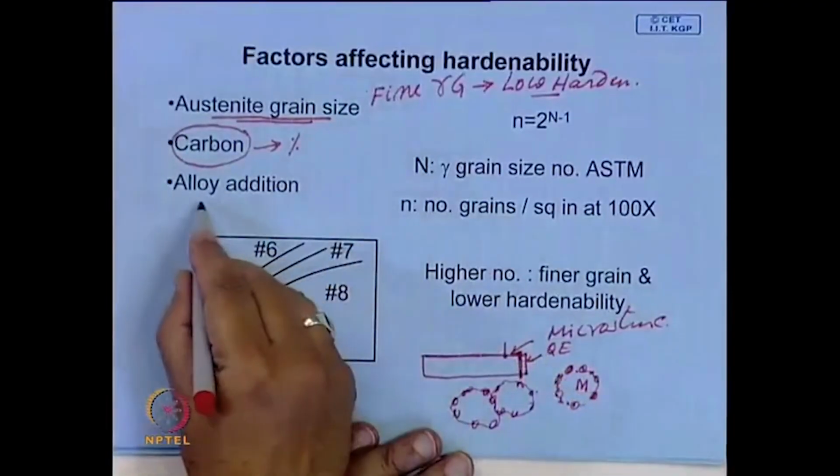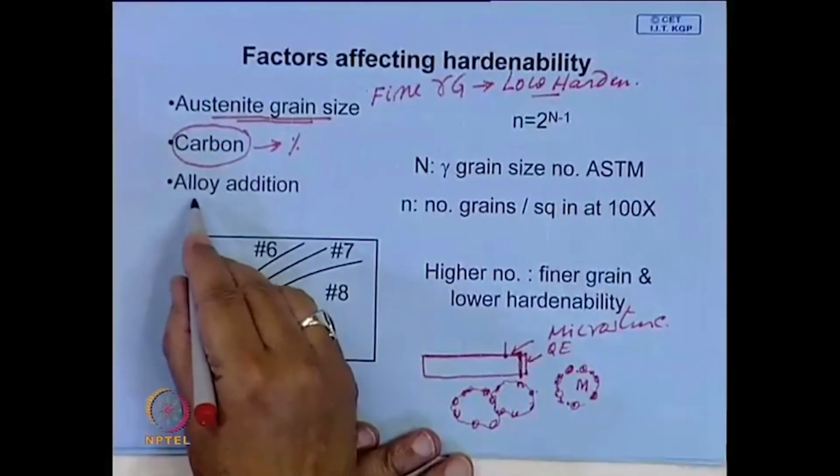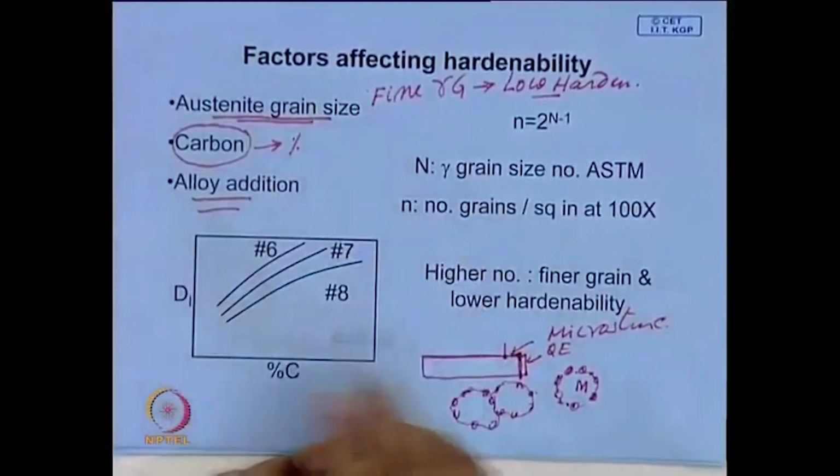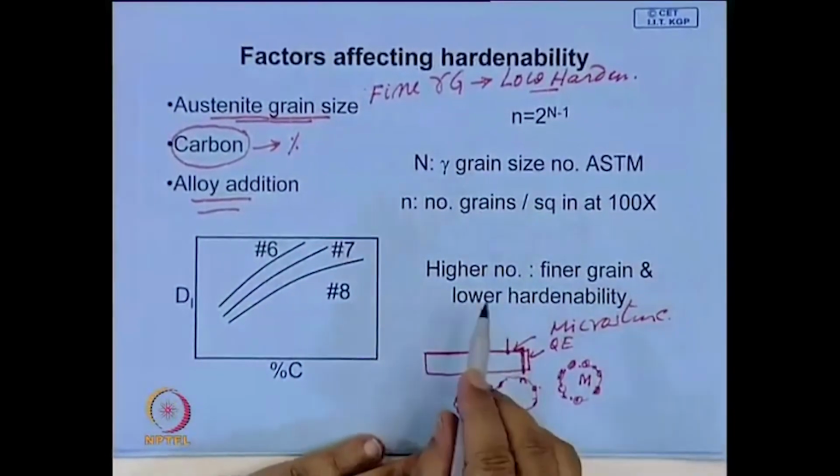So, you will be able to get a full martensitic structure with much slower cooling. Later on we will also see that addition of other alloying elements also affects hardenability.